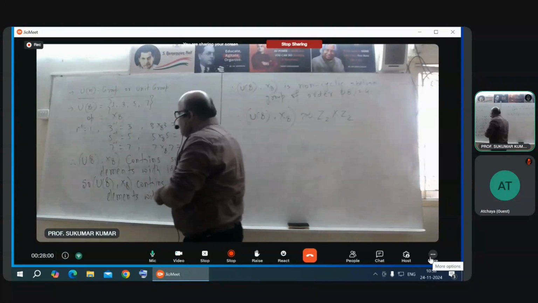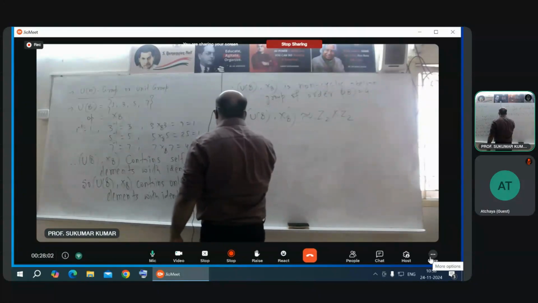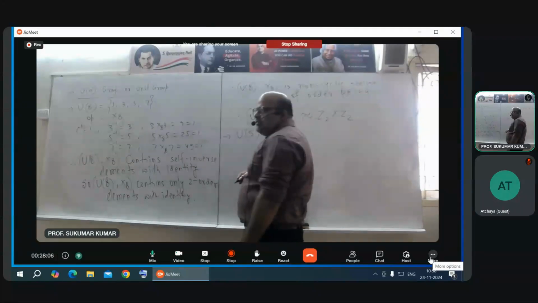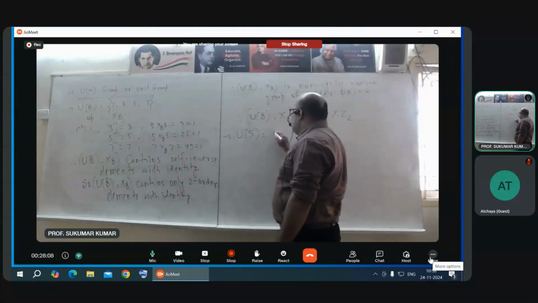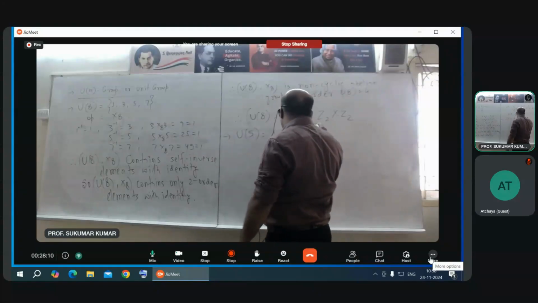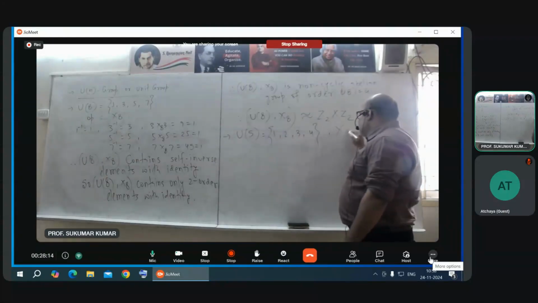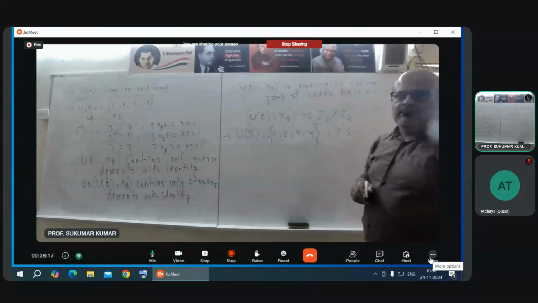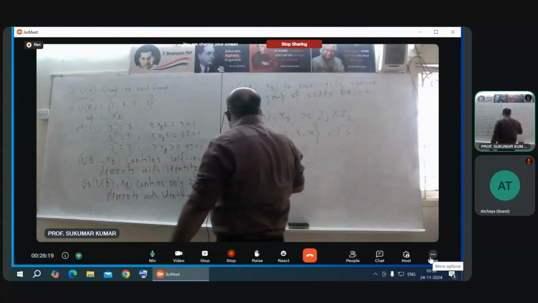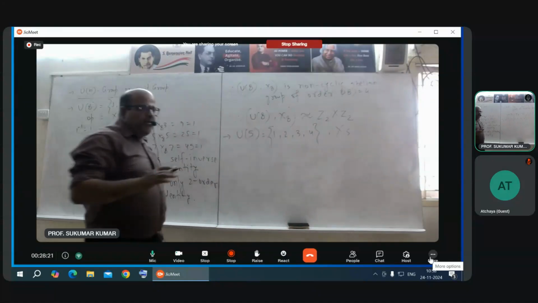Okay. Like that, suppose I do U prime, any prime I choose, U5. U5 means 1, 2, 3, 4. All are relatively prime elements with 5. Operation is multiplication modulo 5. Correct. Here this is confirmed to be an abelian group.